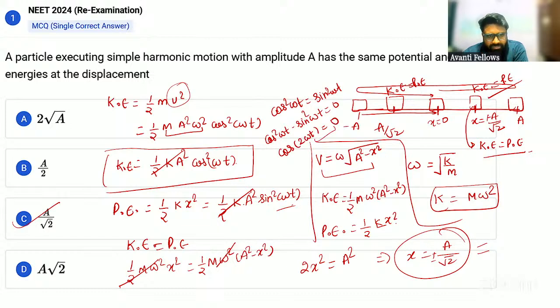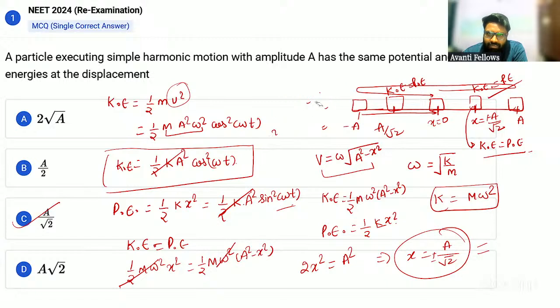Okay. Clear? At that point you can also.